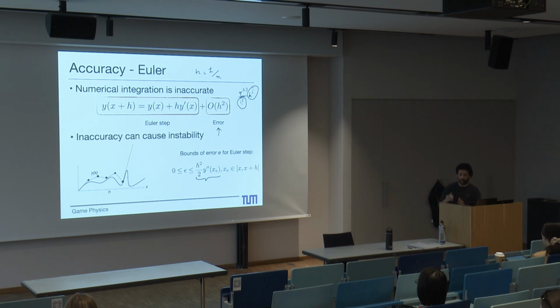The higher the value of i, the smaller the contribution that these terms provide, which means that in general we are always able to write a bound for the error based on the smallest derivative that we are neglecting in this expansion. So in this specific case it is the second order one here.